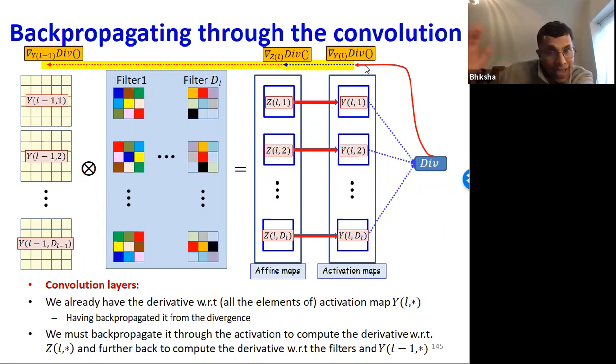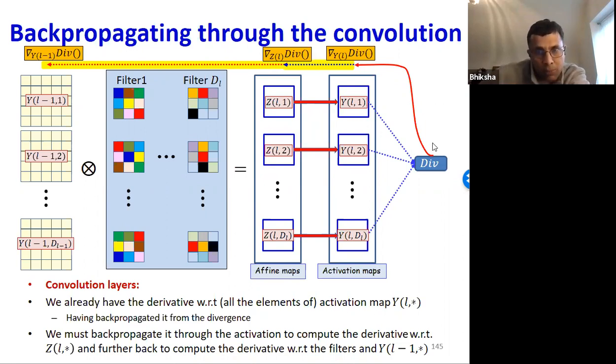This is the output of the activation, right? So now we're going to have to pass that back and compute the derivative with respect to the affine maps to which the activation was applied. Then we're going to have to continue passing those derivatives backwards to the output of the previous layer.